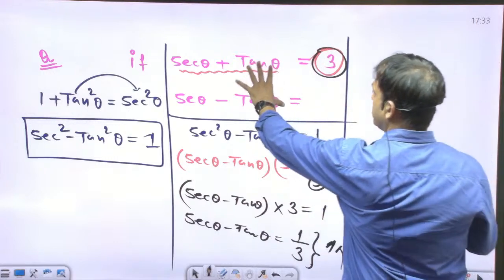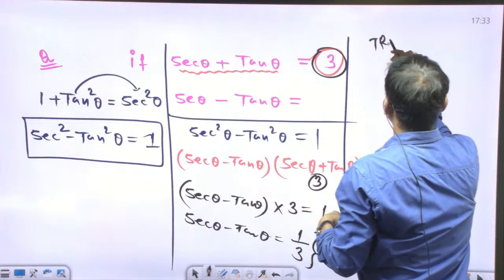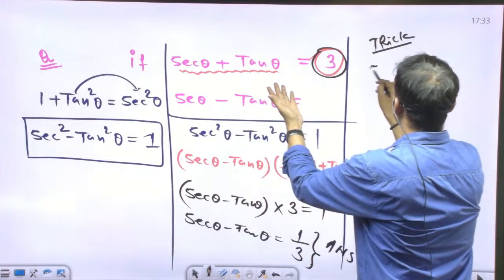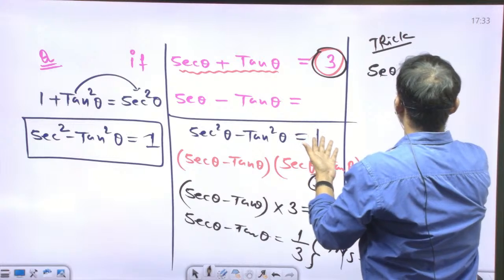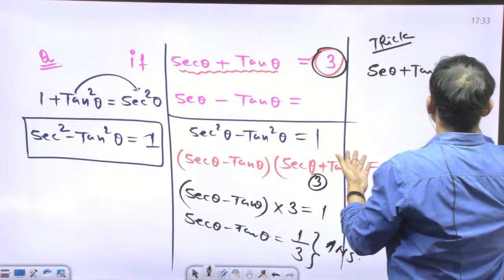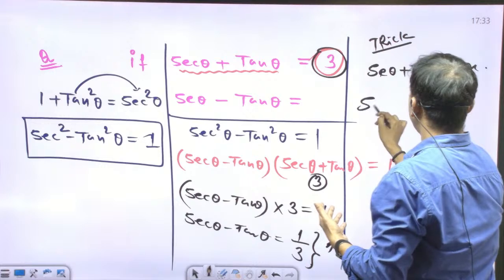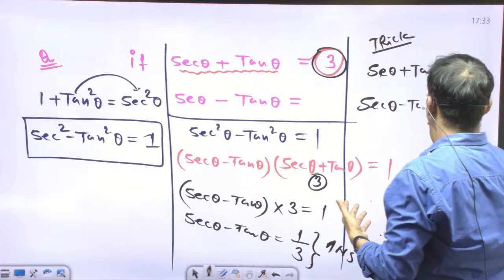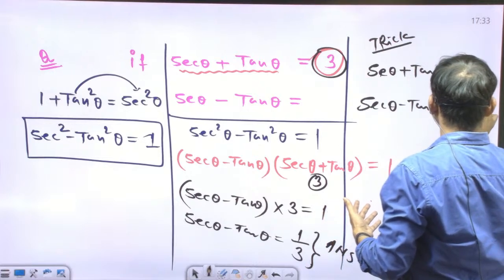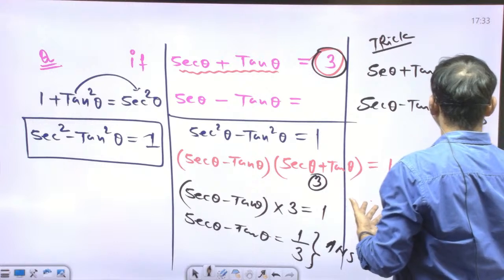Okay, so the trick solution is: if sec theta plus tan theta is equal to x, then your answer sec theta minus tan theta will be the reciprocal of that number, that is 1 by x.